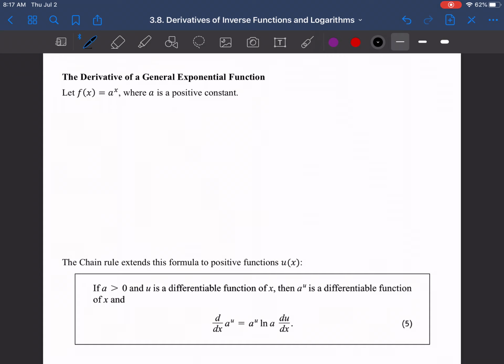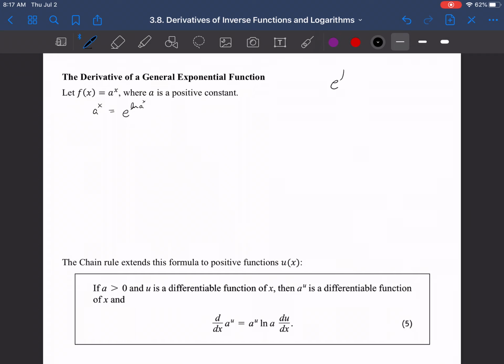All right, the derivative of a general exponential function. So let f of x equal a to the x, where a is a positive constant. So let's take a look at this. Let's have a to the x, and what we can do is make this equal to e to the natural log of a to the x, right?